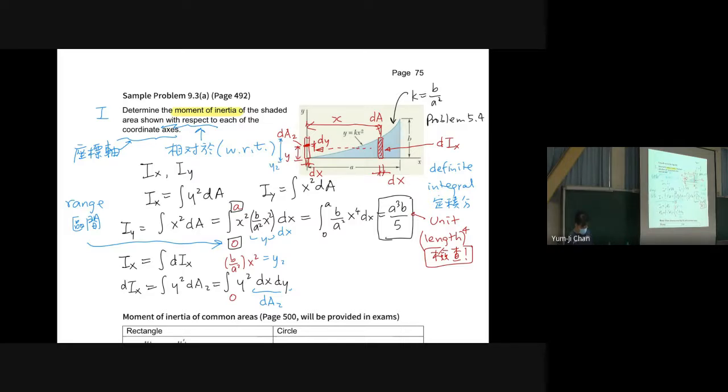So it is actually equal to this one. So it is equal to 1/3 of this one.